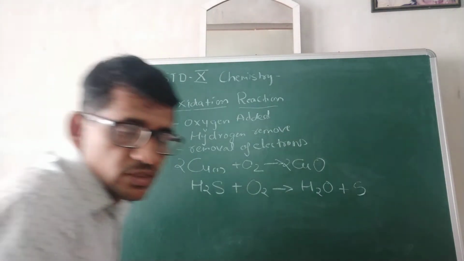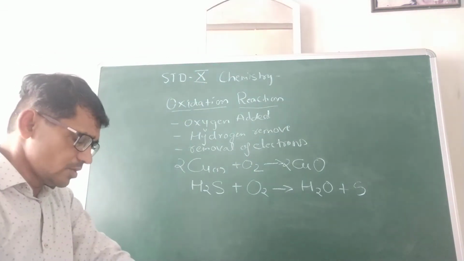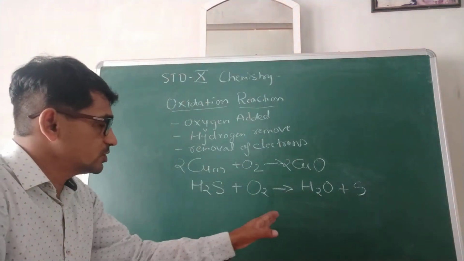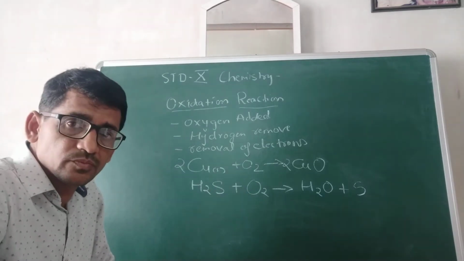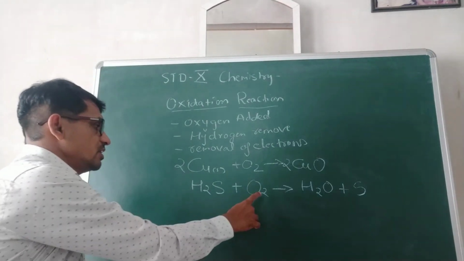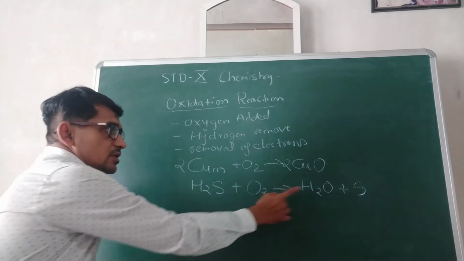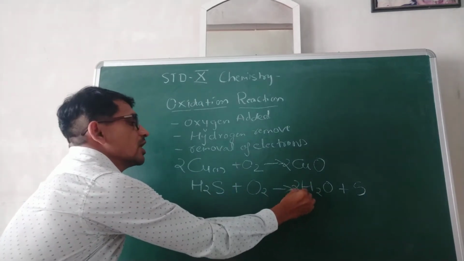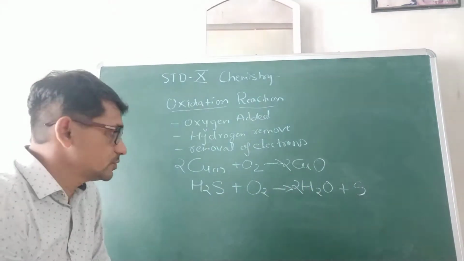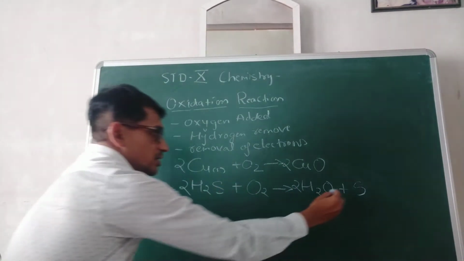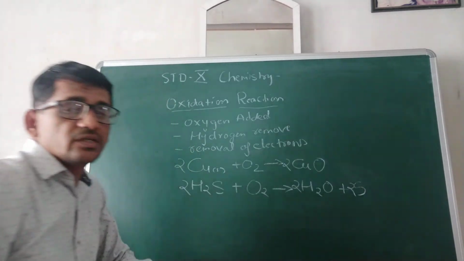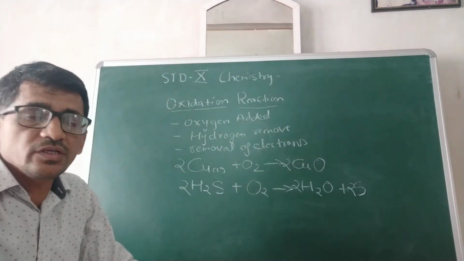So here you can see oxygen is added and hydrogen is removed, so water is formed. If you balance the reaction, oxygen here is 2, here it is 1, so we write 2H2S. Hydrogen: 2 twos are 4, so here we write 2H2O. And sulfur is 2. So this reaction is known as oxidation reaction.